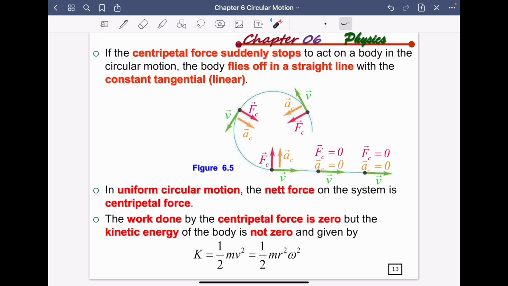The work done by centripetal force is 0, but the kinetic energy of the body is not 0, and is given by K equal to half mv square, or V is equal to R omega, another equation we can use is half m r square omega square.